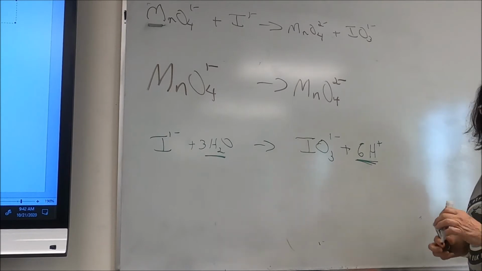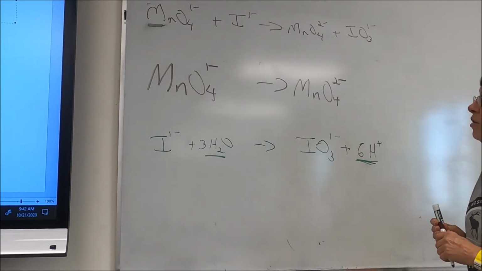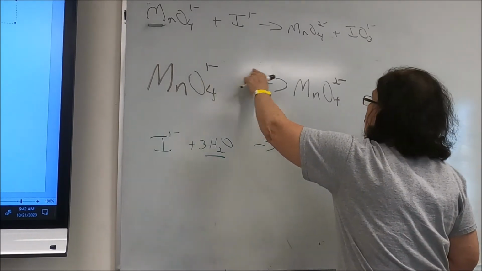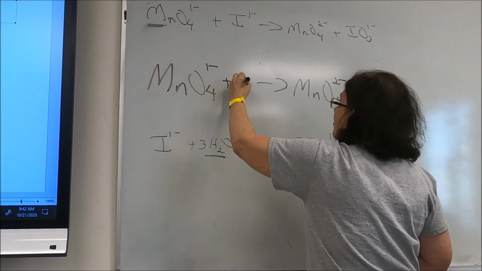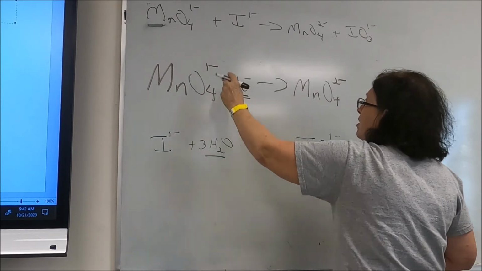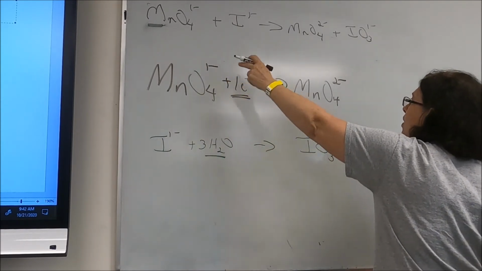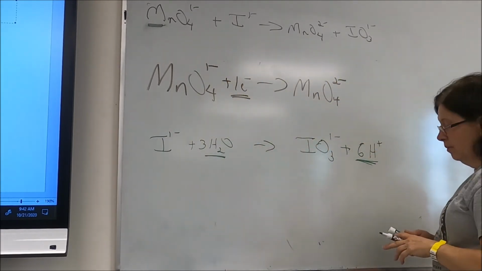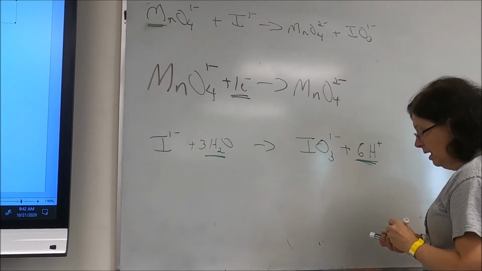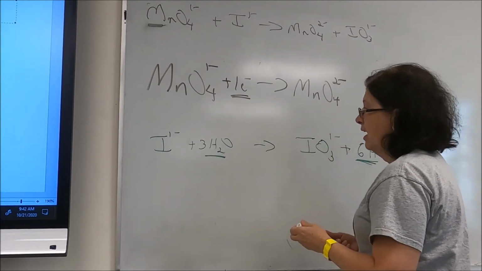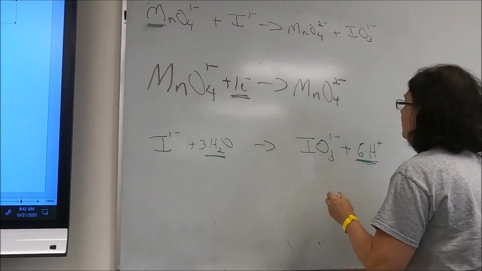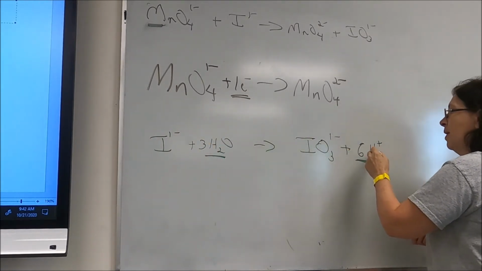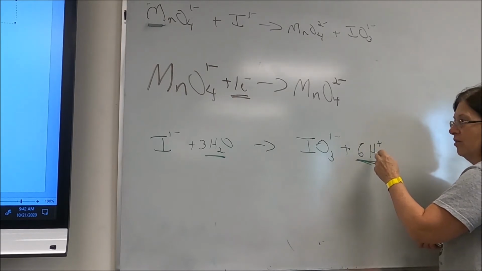The next thing I have to do is balance charge. Here I've got a 1 minus charge, here I've got a 2 minus. So up here, I'm going to have to add in 1 electron, because a -1 plus a -1 gives me -2. Okay? In our bottom half reaction, I have a -1 charge here, a -1 charge here, but a +6 charge here.